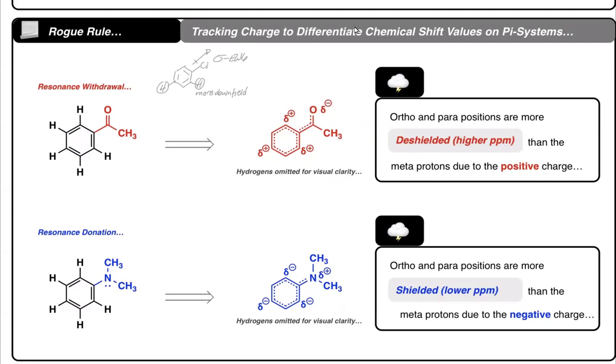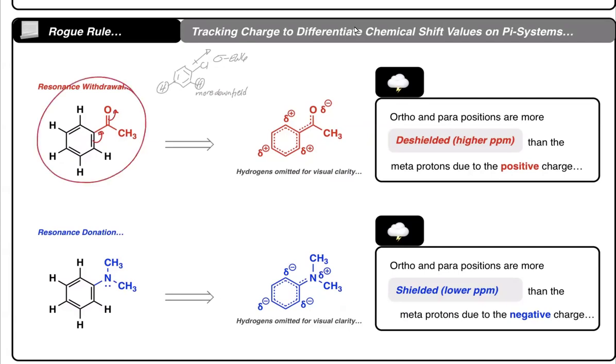But consider this with me. Now that you guys have talked about benzene EAS and donating and withdrawing substituents, we're going to say that if you have a resonance withdrawing substituent, it's not just about proximity to that C double bond O now, it's really about where charge is created.